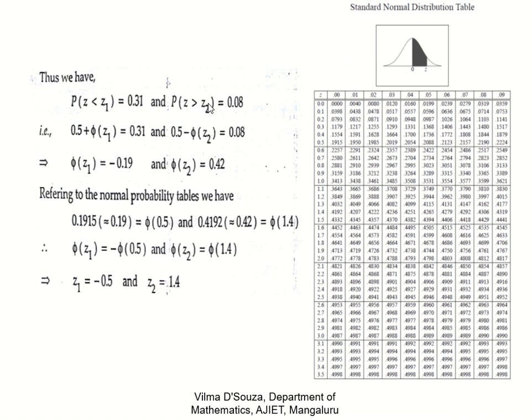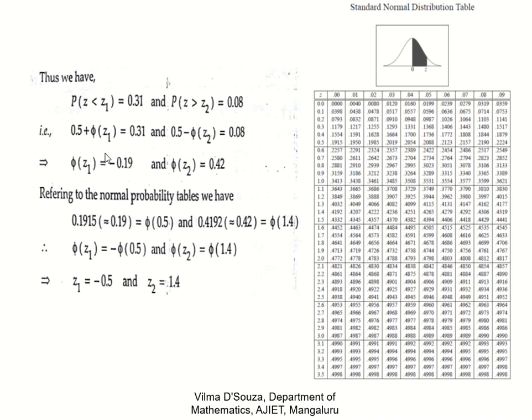And this is z2 to infinity, 0.08, so it will be on the positive side. So now you get phi of z1 is minus 0.19 and phi of z2 is 0.42.